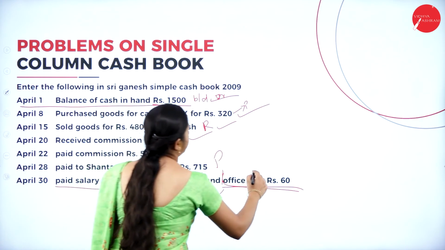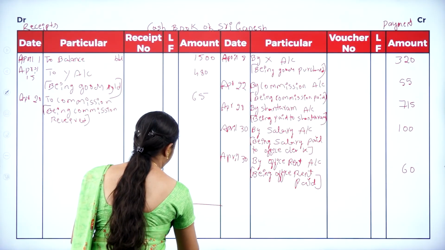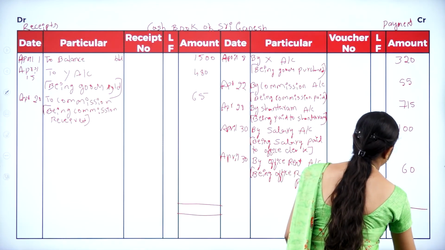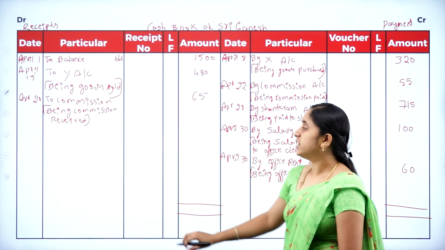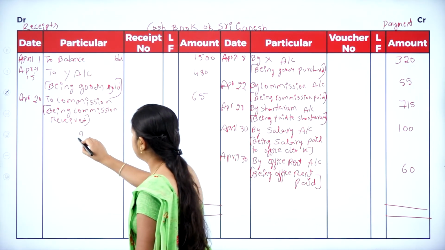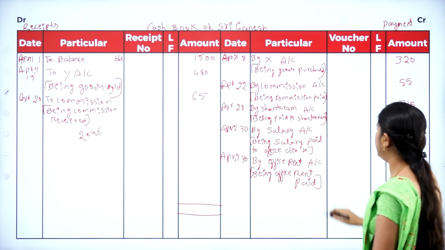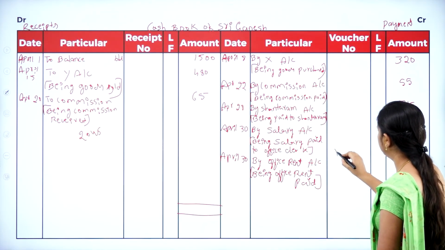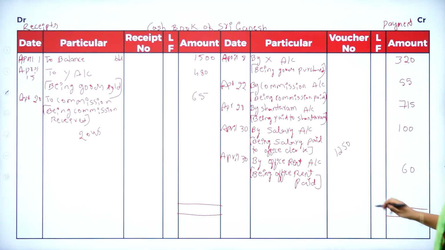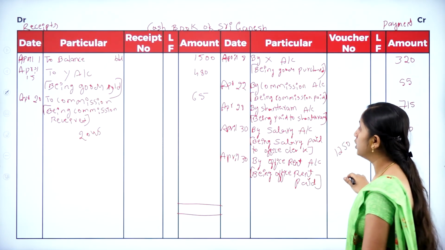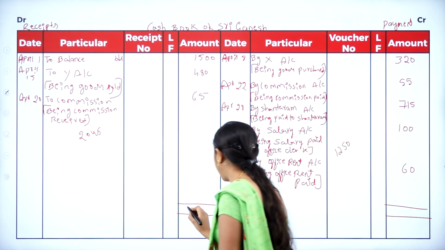So all the transactions we have recorded. Now make a total. The total of debit is 2045 and total of credit is rupees 1250. Write whichever is higher. So 2045.